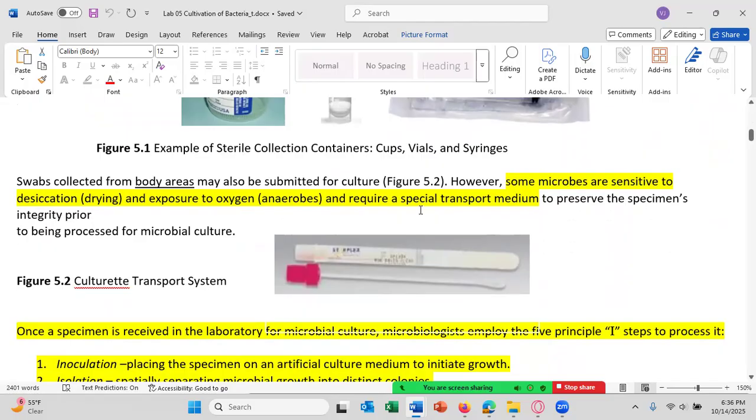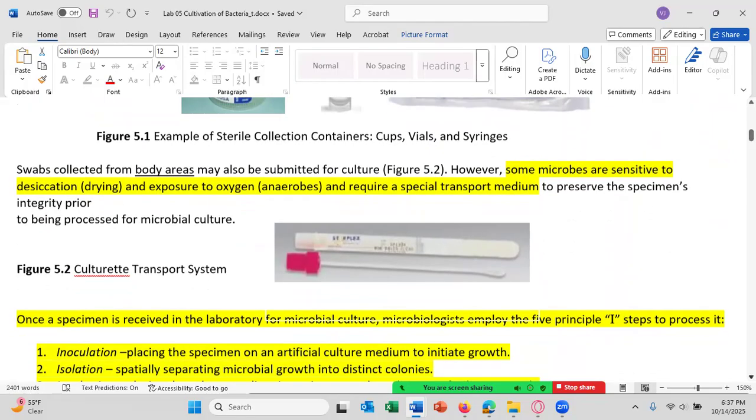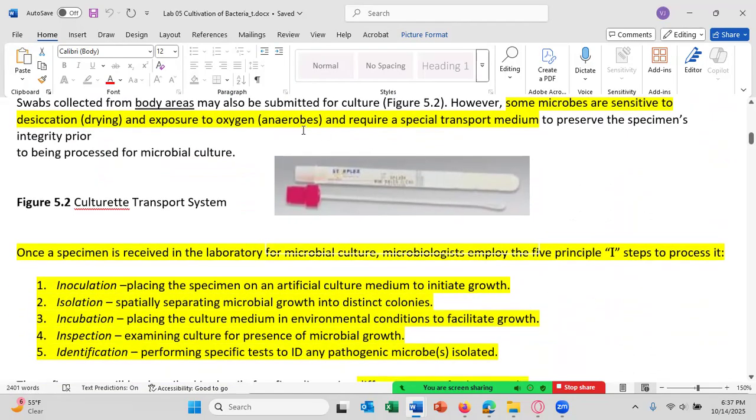In reality, you're going to need a special transport medium regardless of microorganism you submit, because all microbes will require a transport medium to stay alive. But some have to remove the oxygen, and others make sure the cell doesn't dry out.